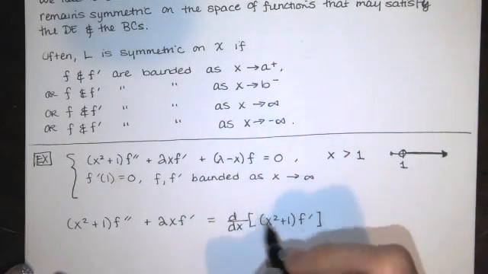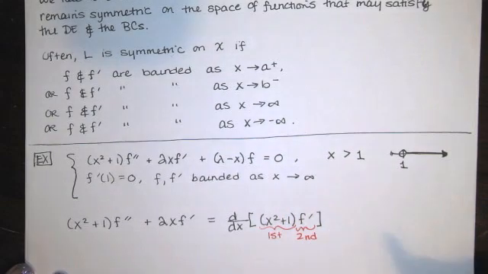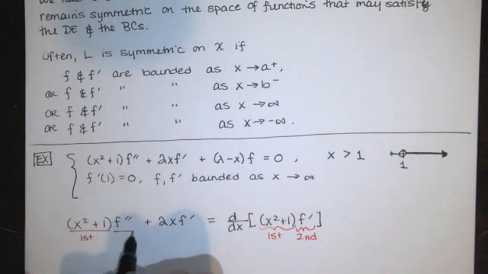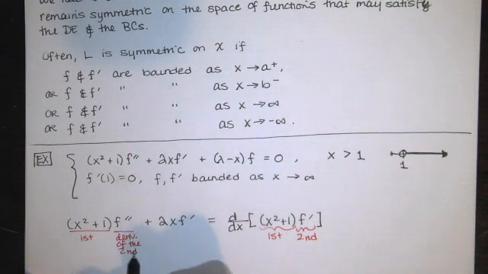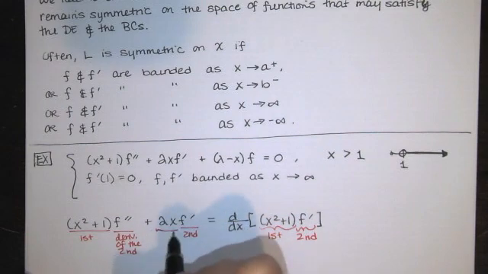And if you're not sure, you can check. This is your first function, and that's your second function. You've got your first function here times the derivative of the second plus the second function times the derivative of the first.